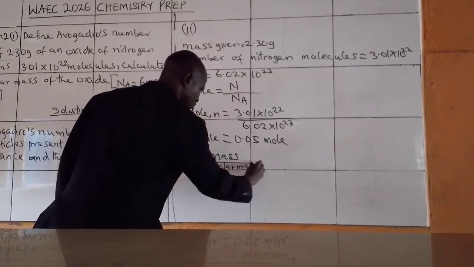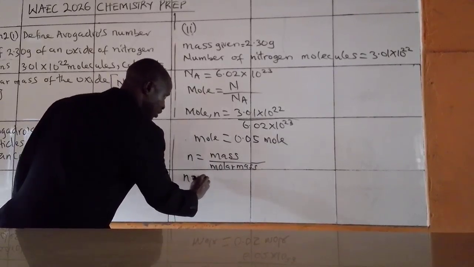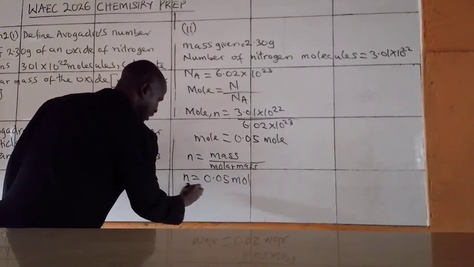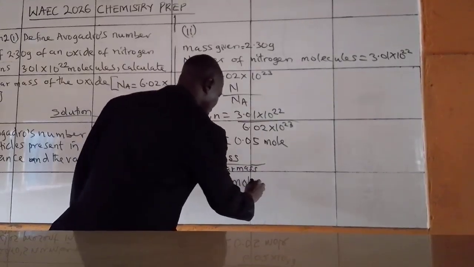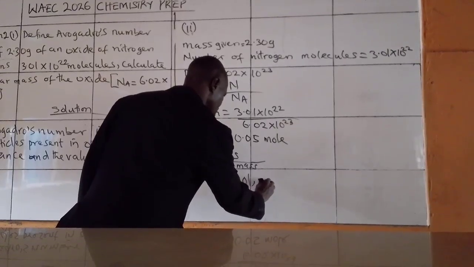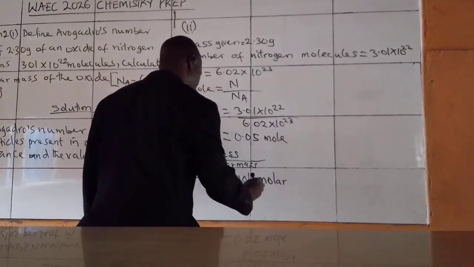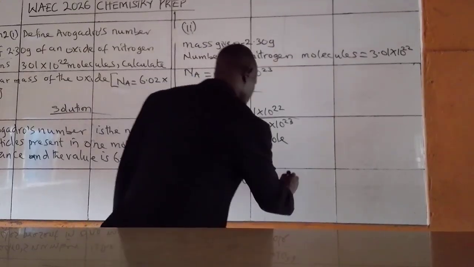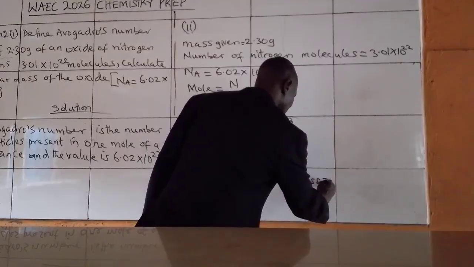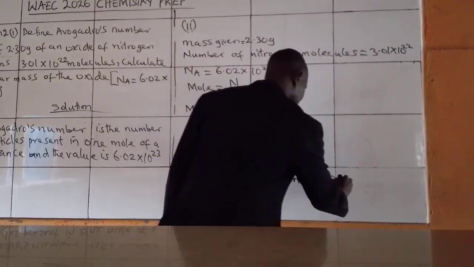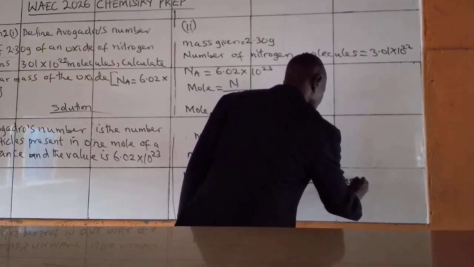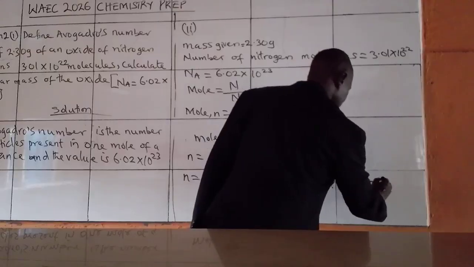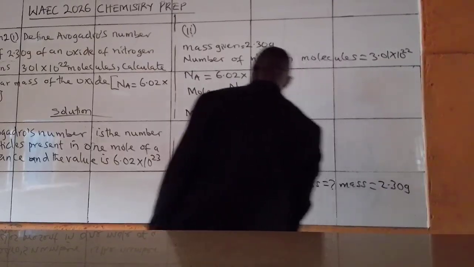Molar mass. Now our n is equal to 0.05 mole, and the molar mass is unknown, and the mass is equal to 2.30 gram.